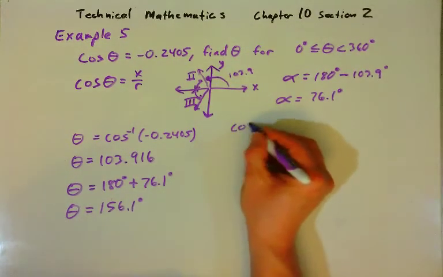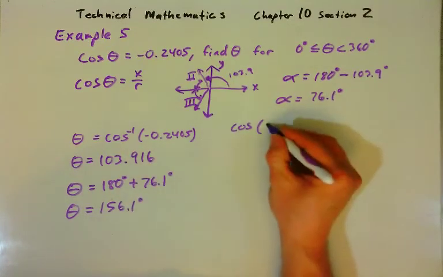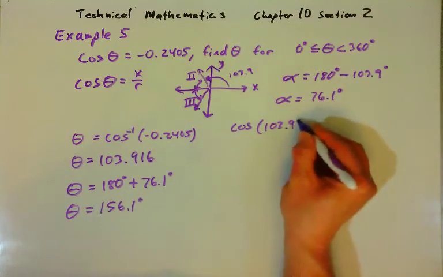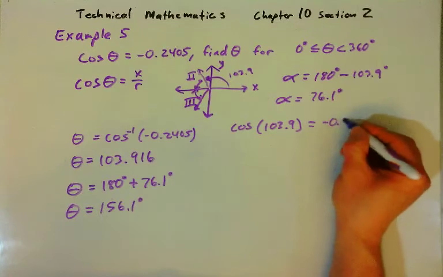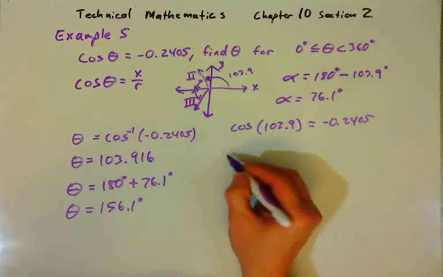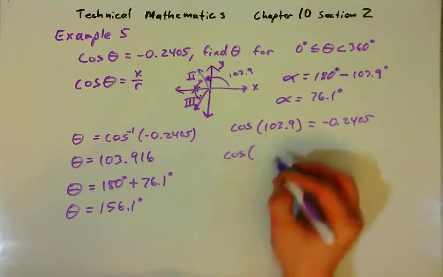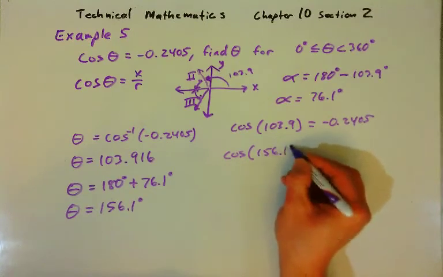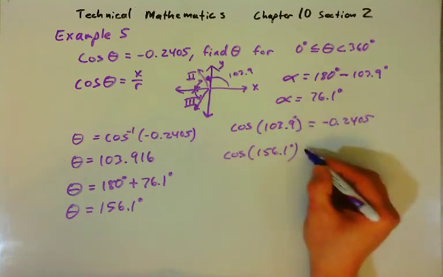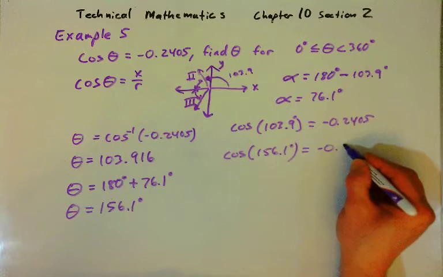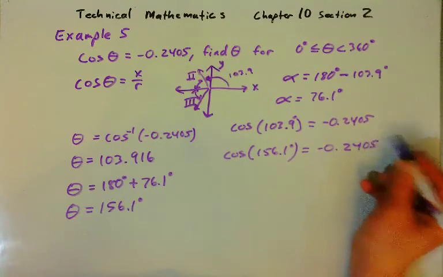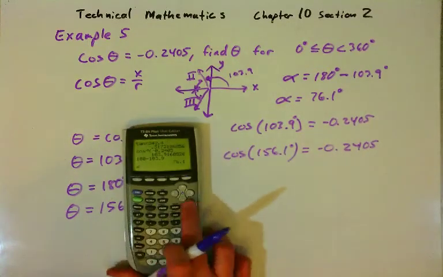And so we think that the cosine of 103.9 should be equal to negative 0.2405. We also think that the cosine of 156.1 degrees is also equal to negative 0.2405. And so let's check our answers.